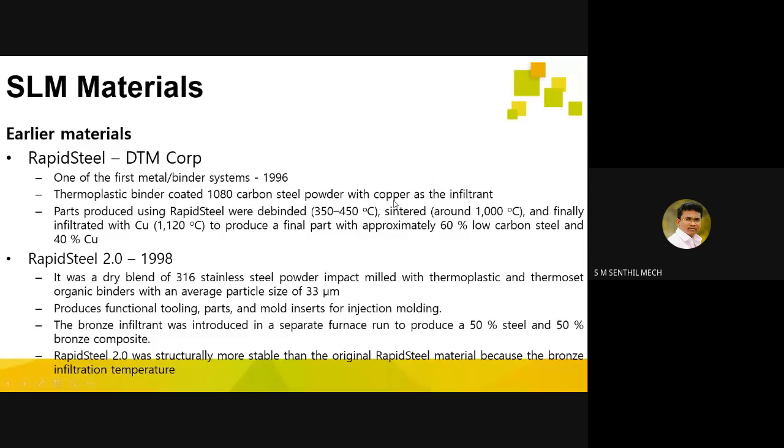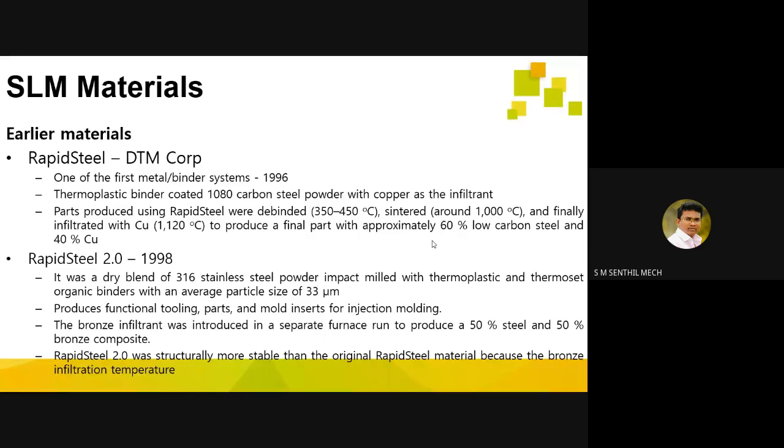Infiltrant is nothing but this: when your materials are getting bonded, there will be some gaps, which we call pores. So the pores will be there inside. When it is getting bonded, the copper will melt ahead of the steel powders and occupy the gaps that are formed during the densification process.